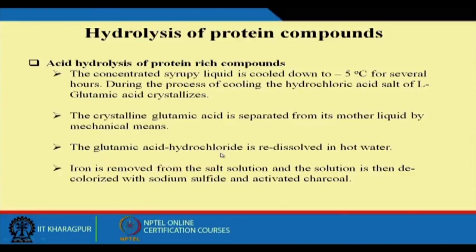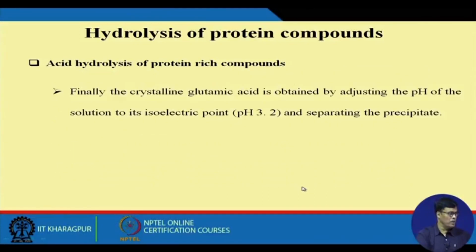The glutamic acid hydrochloride is redissolved in hot water, and iron is removed from the salt solution, and the solution is then decolorized with sodium sulfite and activated charcoal. We have already pointed out that activated charcoal is largely used in industry for decolorization of solutions, both in chemical and biochemical industries.